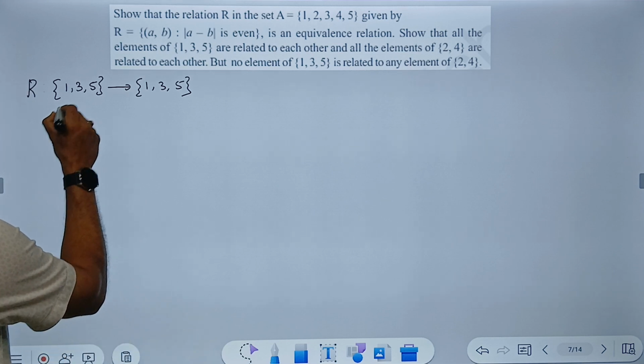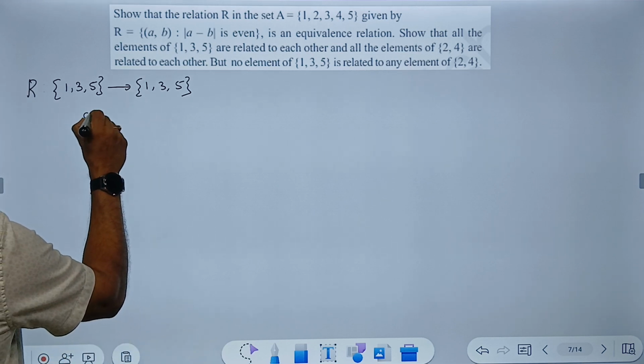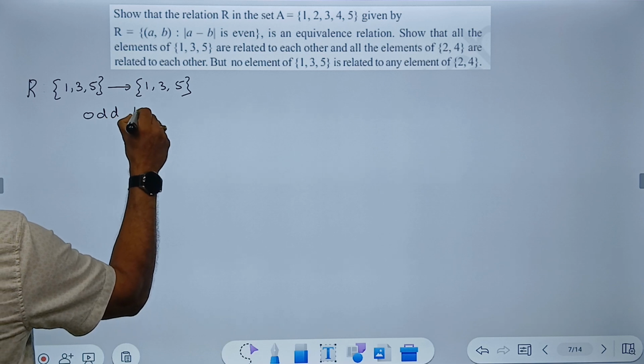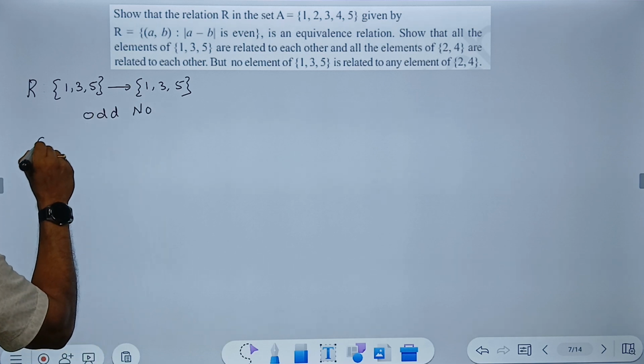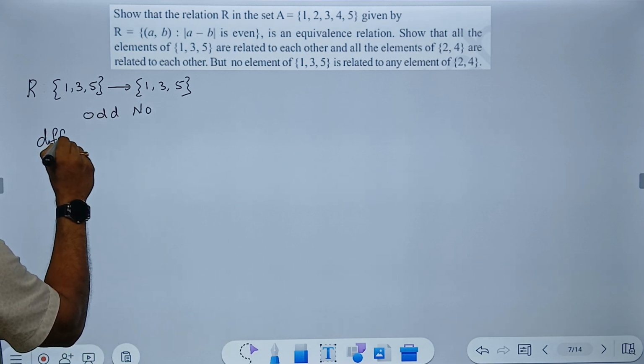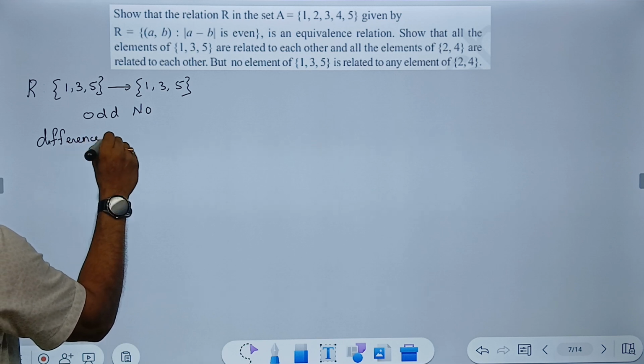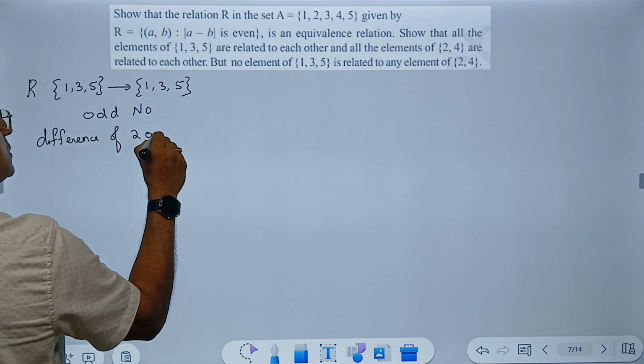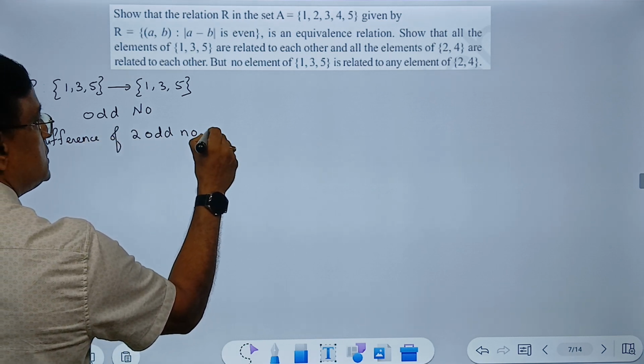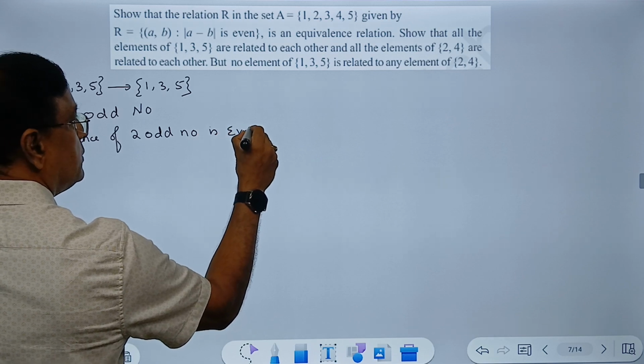Now, you know 1, 3, 5 are odd numbers, right? And you know very well, difference of two odd numbers is even. Very simple, isn't it?